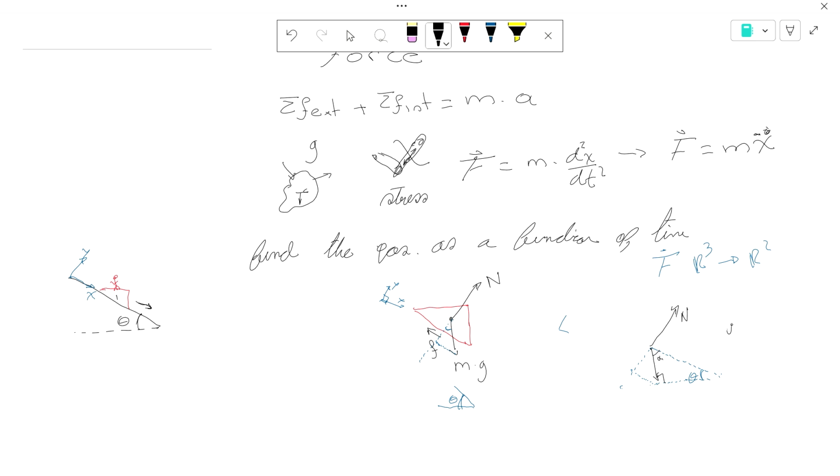So theta plus alpha is equal to 90 degrees, because theta plus alpha plus this 90 degrees here is 180, right? If we already have our 90 here, that means that this and that have to add to 90 degrees as well. So alpha is going to go here, and theta is going to go here. Okay, so that's just showing that this is theta.